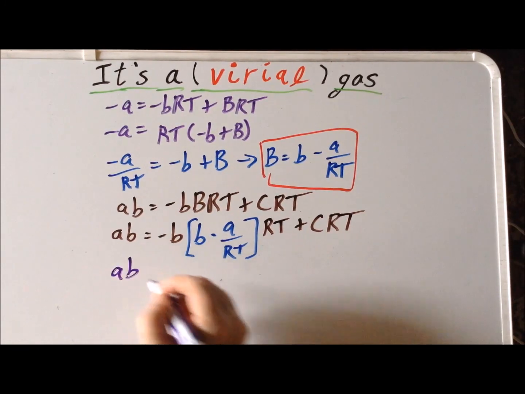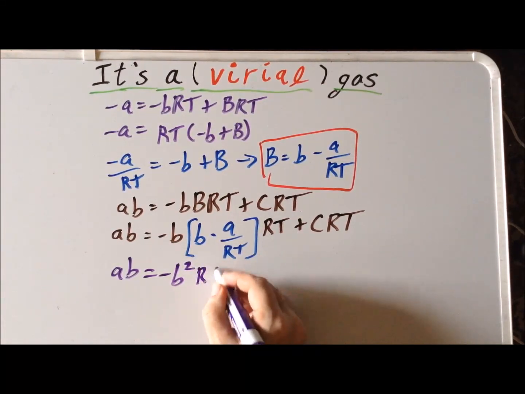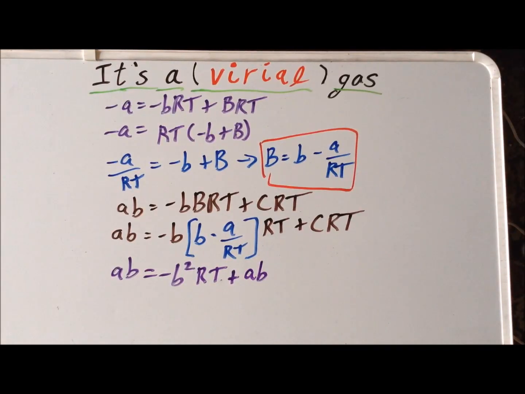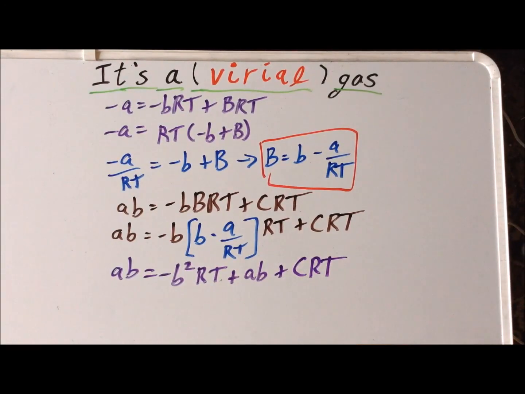Now simplifying, we get that ab is equal to minus b squared times RT plus little a times little b plus big C times RT.